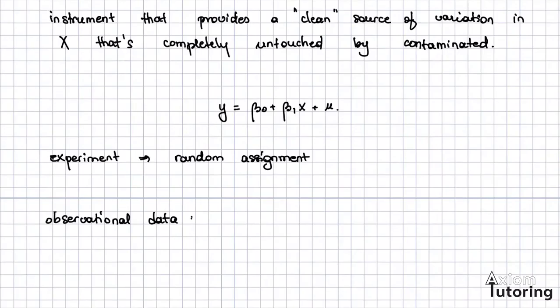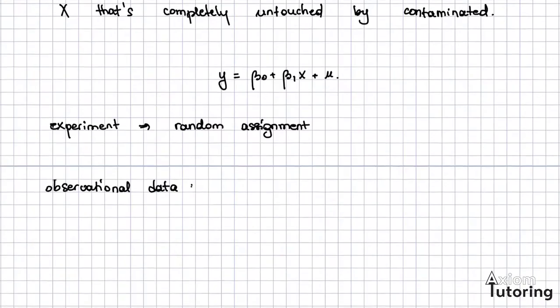And this is also one of the reasons why randomized experiments are so powerful and why the IV is the best observational alternative, okay? IV, instrumental variable, tries to mimic what an experiment would have done in that sense, okay?